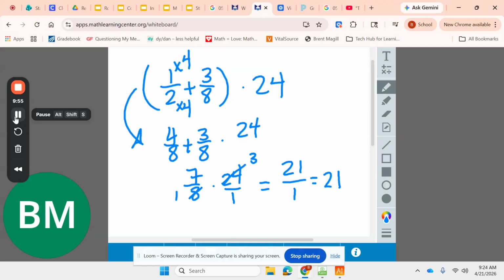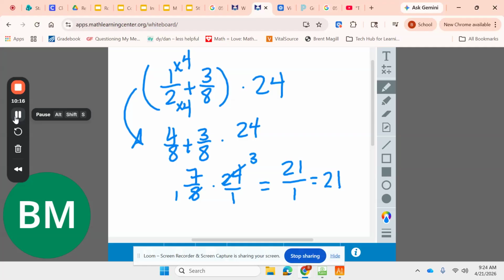Now, I could have just multiplied 7 times 24 to get the number of eighths I would end up with, but I simplified before multiplying. This is a challenging skill, but you can divide the bottom and the top sometimes when multiplying a fraction times a whole number or another fraction.